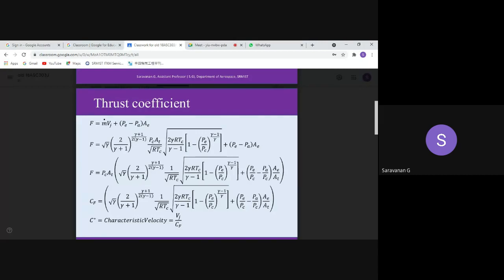The remaining term is obtained by equating rho E AE VE is equal to rho T AT VT. Using that relation, you can have the expression. Already we have A by A star, derived in the last class. So substitute the A by A star relation here, and then the density and everything. Finally, you will arrive at m dot equal to root of gamma into 2 by gamma plus 1 the whole power, gamma plus 1 by 2 into gamma minus 1, into PC AT by root of RTC.